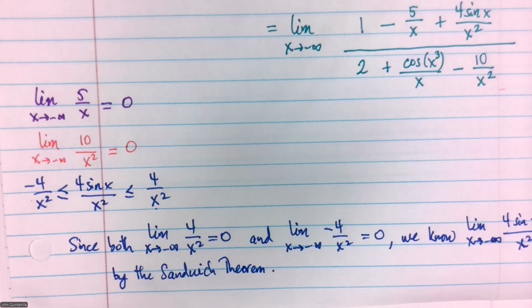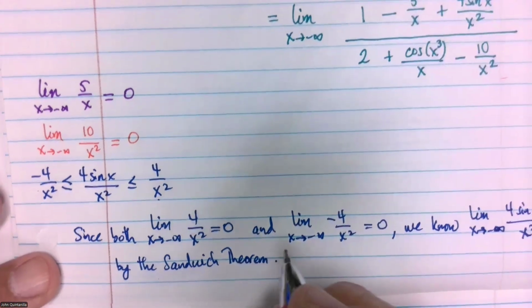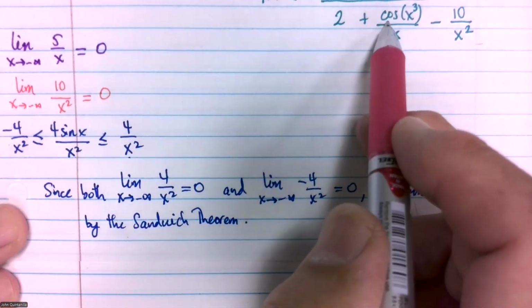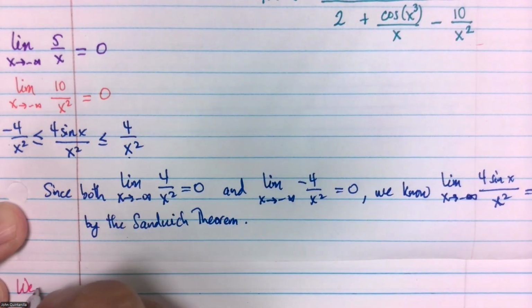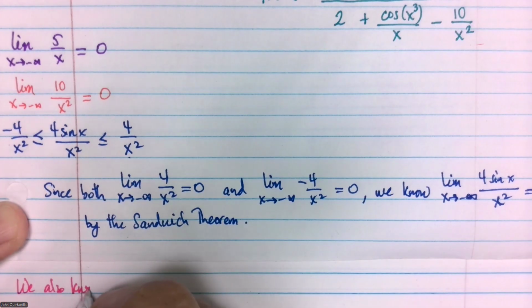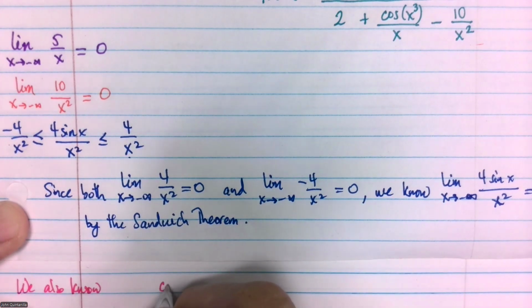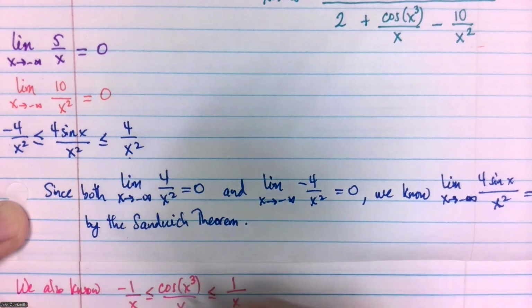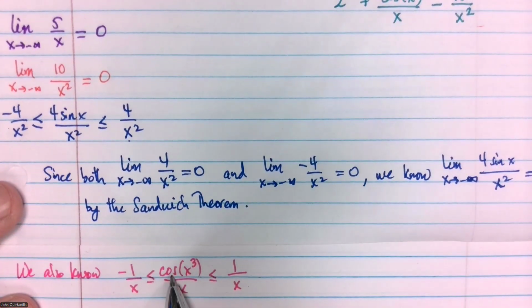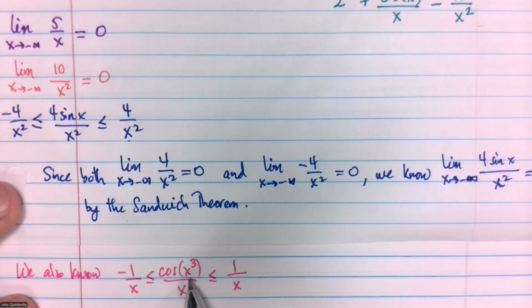The last one is going to be roughly the same logic. I've got on screen here cosine of x cubed over x. We also know that cosine of x cubed over x is going to be somewhere between 1 over x and negative 1 over x. The cosine of anything must be between negative 1 and 1, and even with something as complicated as x cubed, the cosine of anything must be between negative 1 and 1.